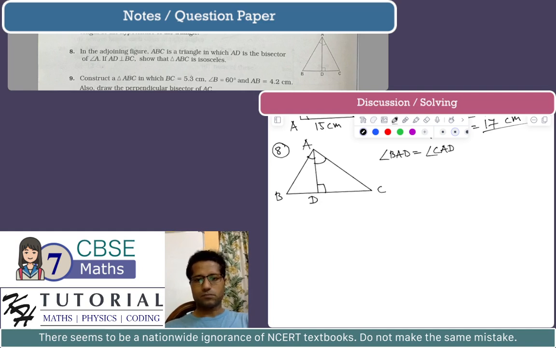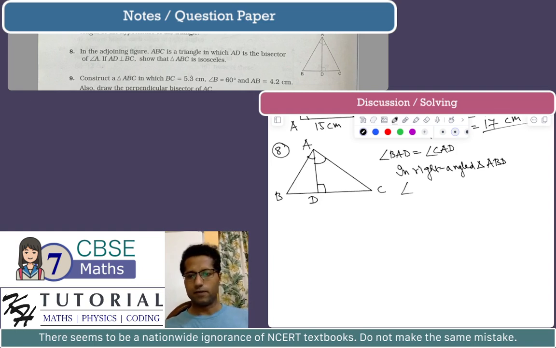And also, since we have two right angle triangles, in right angled triangle ABD, we know that in a right angle triangle the sum of the acute angles is equal to 90 degrees.